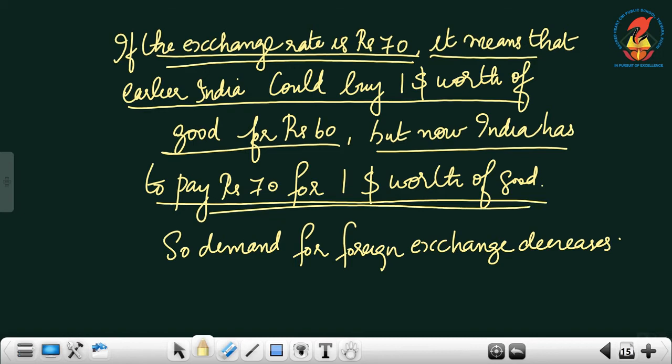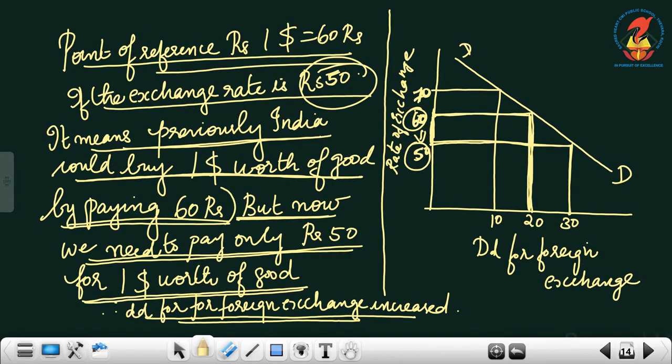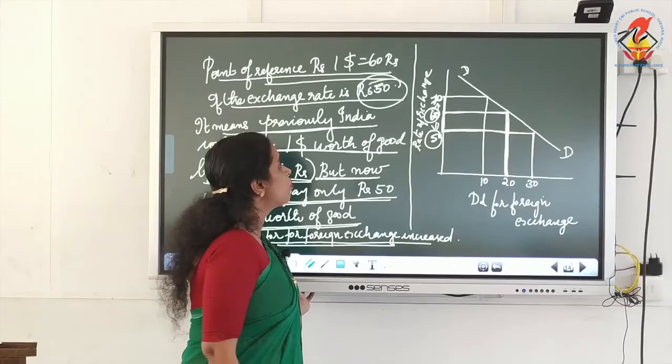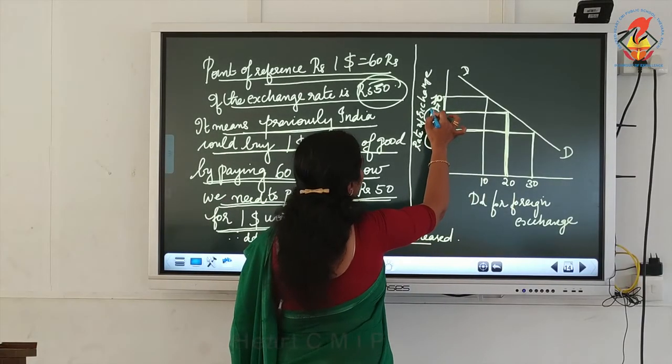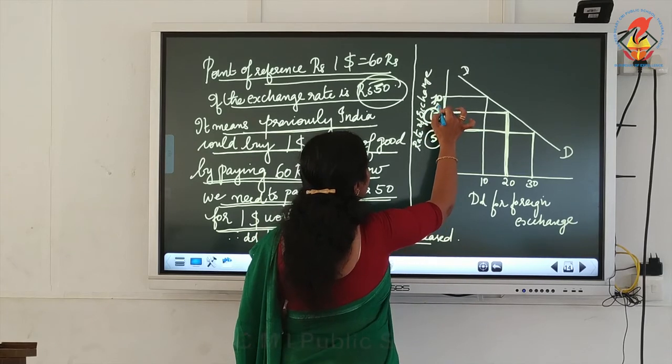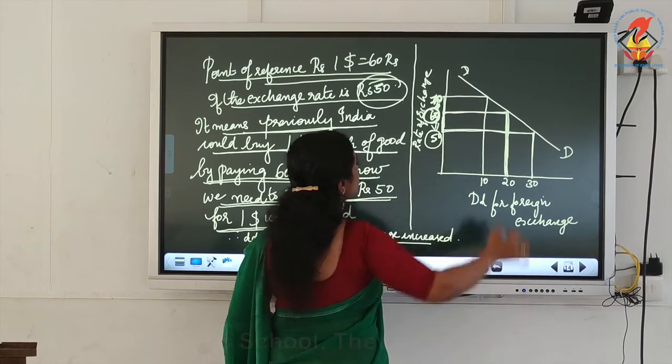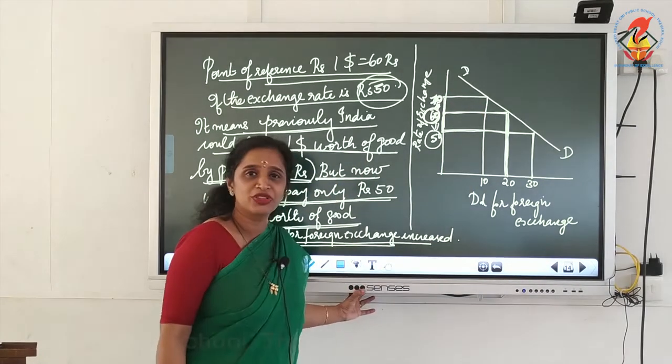Let us go back to the diagram. Now the value of the Indian currency has increased from rupees 60 to rupees 70. Previously, India could buy $1 worth of good by paying only rupees 60. But now India has to pay how many rupees? 70 rupees to buy $1 worth of good.